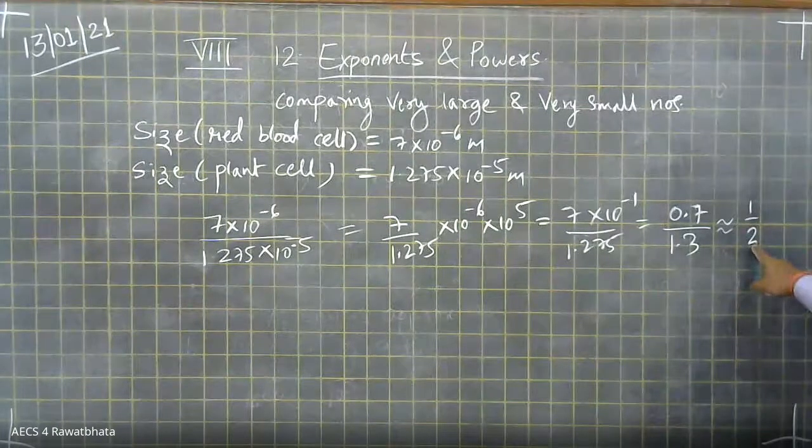Plant cell is 2 times the red blood cell. Plant cell is nearly 2 times the red blood cell.